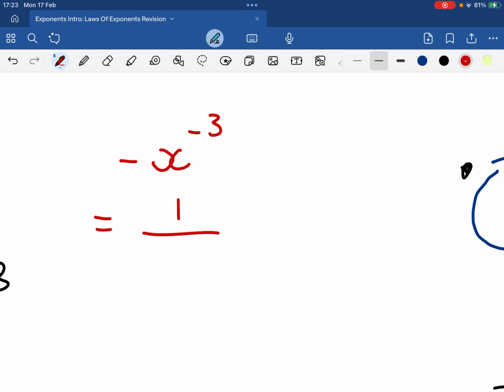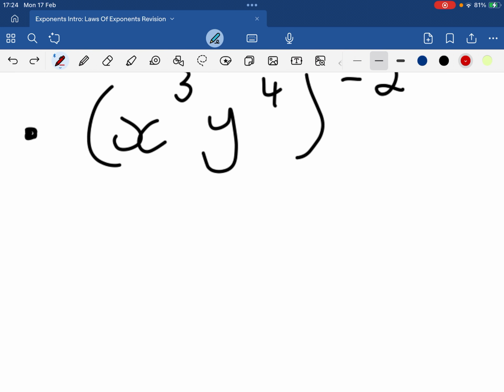This is 1 over negative x to the power of, or maybe if it was in brackets, then negative x to the power of positive 3. So it has nothing to do with the sign of the variable, just the sign of the exponent. When you move something either up or down the division line, you must change the sign of its exponent. Not the sign of the variable, just the exponent.